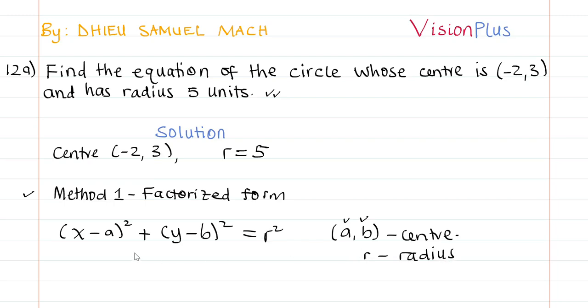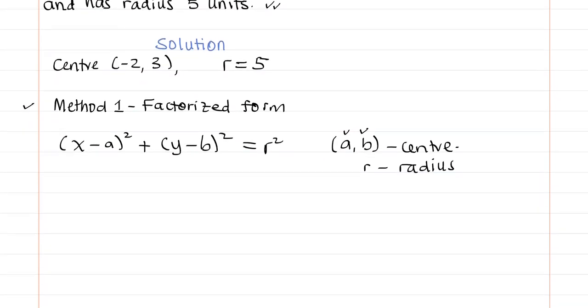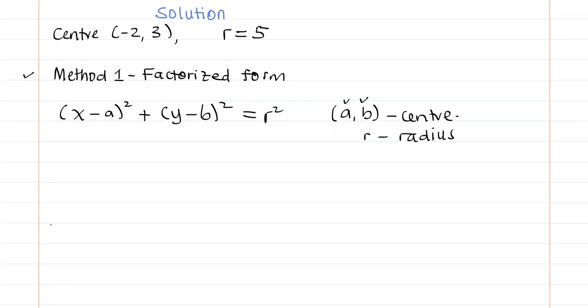So simply what we need to do is to substitute for a, b, and r, and then we get our equation in the factorized form. Therefore here we shall have x minus a. A is -2, and then b is 3.